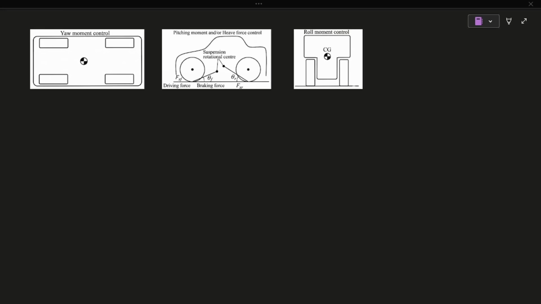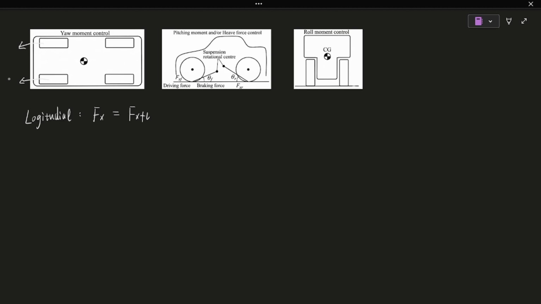Now, let's use in-wheel motors. We'll build equations to control the vehicle's degrees of freedom. First up is the longitudinal motion. Here, Fx represents the longitudinal force. The equation goes Fx equals Fx_FL, where Fx_FL means the front left longitudinal force.